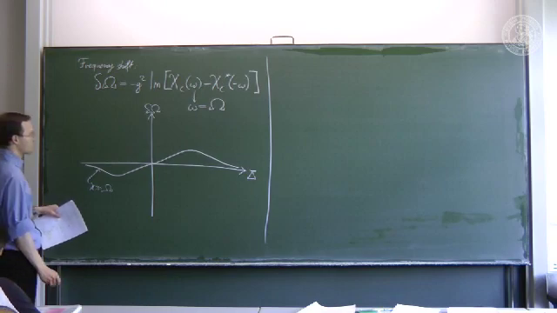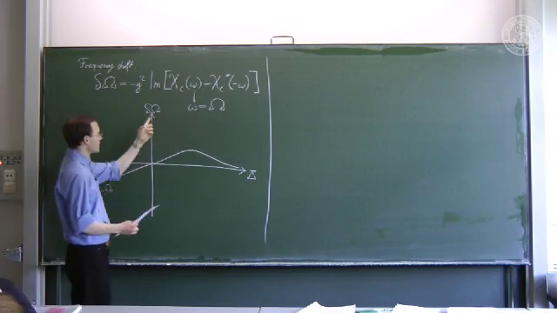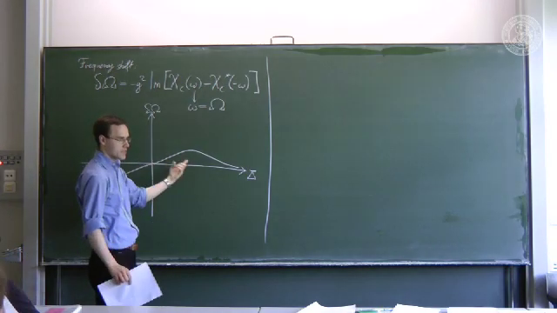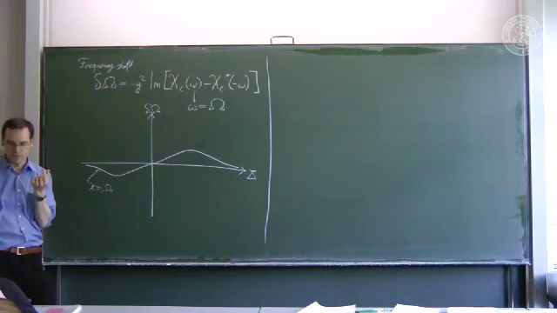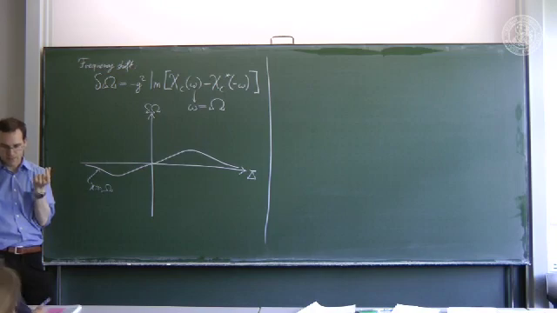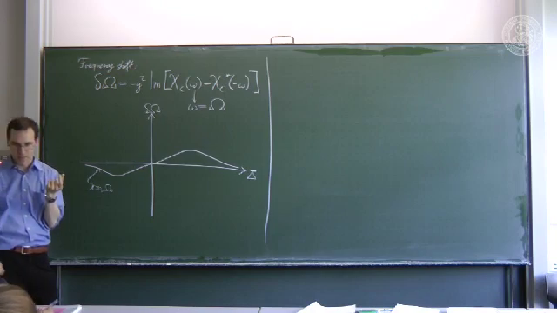So physically, what does it mean? If delta omega is larger than 0, then obviously the spring gets stiffer. The light field stiffens the mechanical spring.